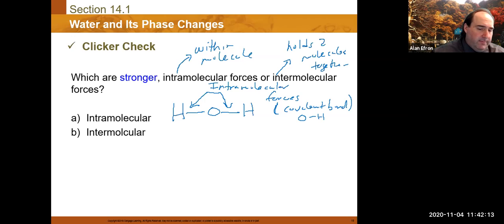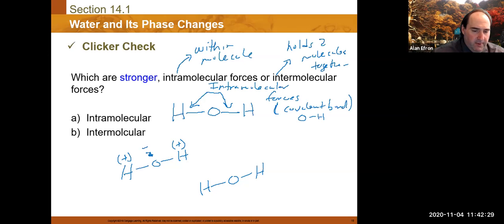When we get multiple waters together, as we will see shortly in this chapter, water is a polar molecule and it's more positive on the hydrogens, more negative on the oxygens.